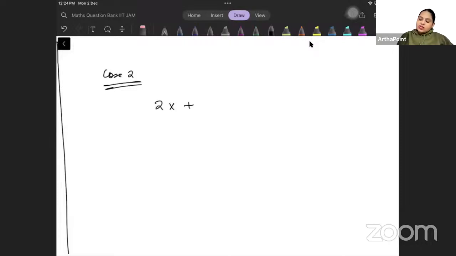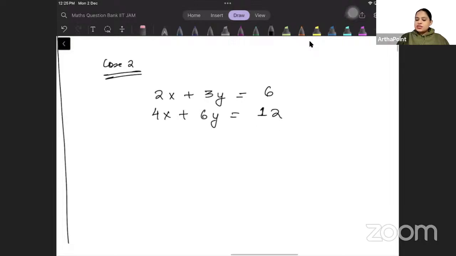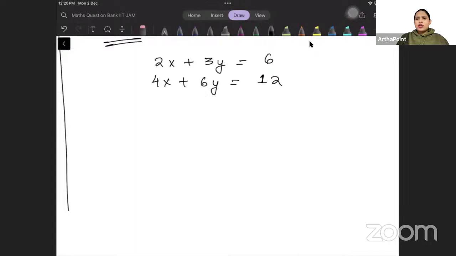So I say 2x plus 3y is equal to 6. And let's change the second one a bit: I say 4x plus 6y is equal to 12. Let's first try to see the plotting of these equations.